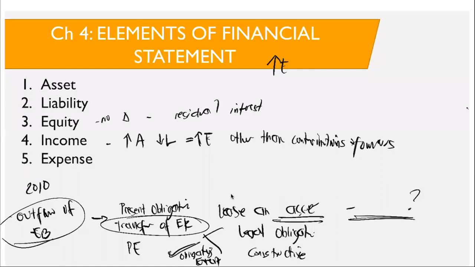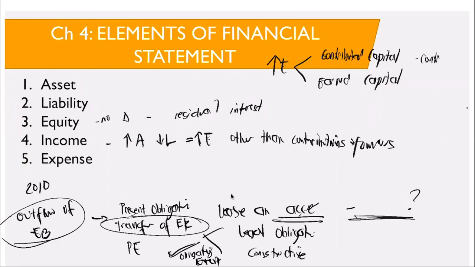So take note which items increase your equity again. We have two items: your contributed capital and your earned capital. So your equity comes from either contributed capital or earned capital. What is your contributed capital?